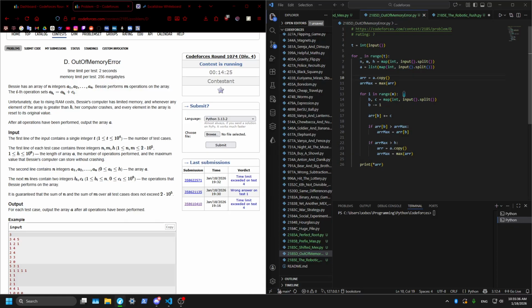What can I do to make this faster? O of N, O of N, O of N. But we're not calling these every time the array runs. So where am I bottlenecked?